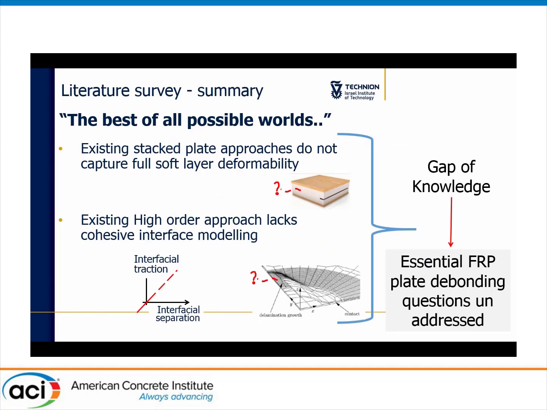Okay, so to summarize the literature survey, we see that we have existing stacked plate approaches which do not account for the full deformability of the soft layer. On the other hand, we have existing high order approaches which use infinitely strong interfaces and thus cannot account for the development of the bonding mechanisms. This constitutes a gap of knowledge, and the essential questions raised before with respect to the behavior of the interfacial debonding in plates remain unanswered.